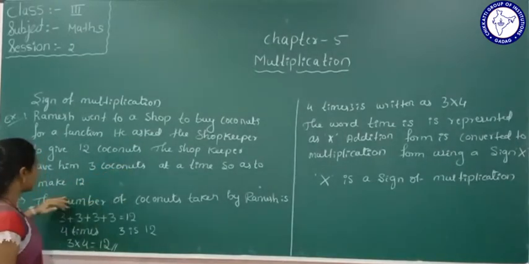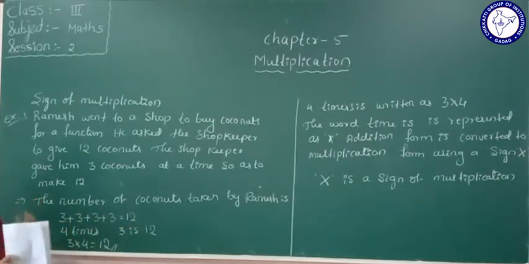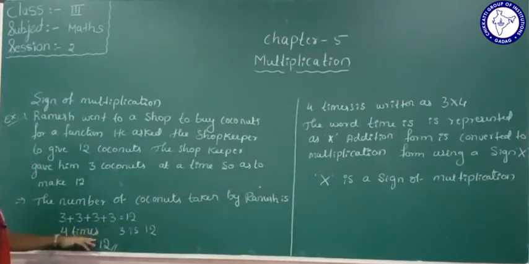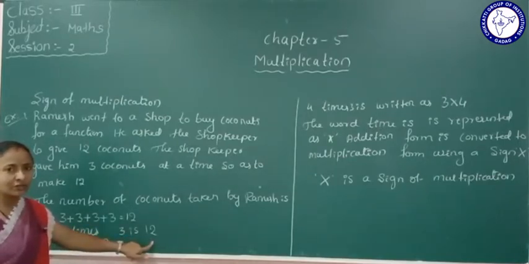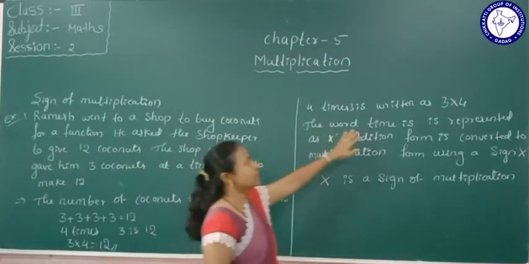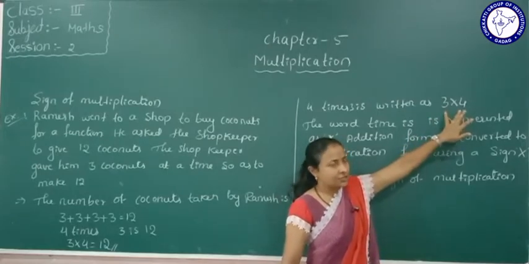So the number of coconuts taken by Ramesh is 12, like 3 plus 3 plus 3 plus 3 is equal to 12. 3 is repeated 4 times, so 3 into 4 is equal to 12.